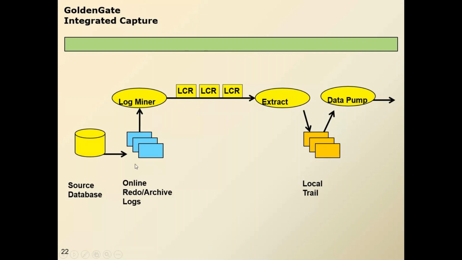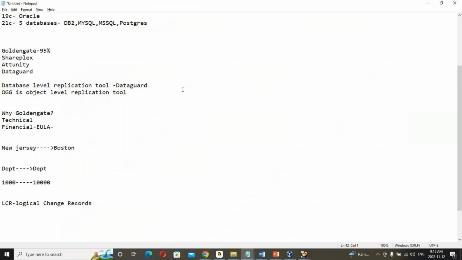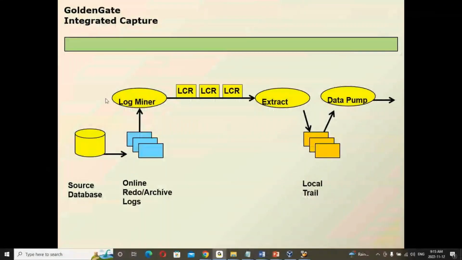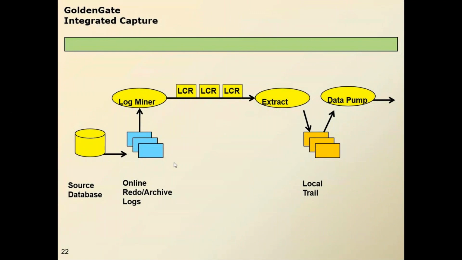Log miner is the copy of the changes happening at the database level. It is a copy of redo logs or archive logs, and then it passes on the changes needed by the extract process in the form of LCR. So my question is, how can the performance of integrated capture be better than classic capture, even though there is one more layer of utility in between? How can the performance be faster?